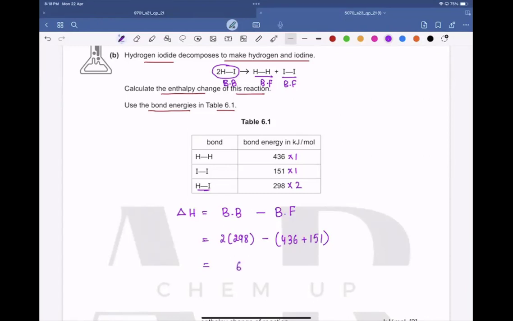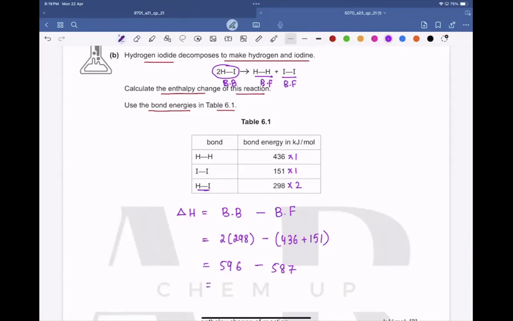It's 596 minus 587. Let me check: 2 times 298 is 596, and 436 plus 151 is 587. Yeah, it's a positive 9, Huzaifa.